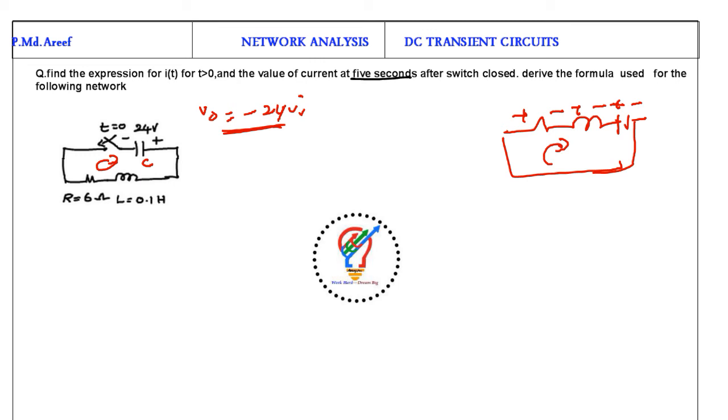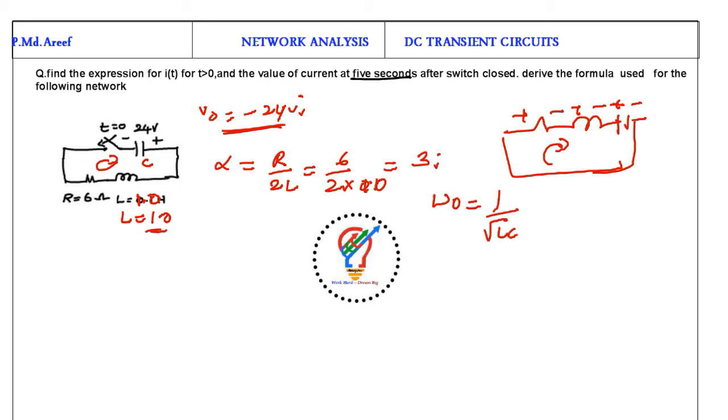Now first we will check which type of damping it is. In order to find the damping, alpha is equal to R by 2L. R is equal to 6, divided by 2 into 1.0, so L is equal to 1.0 here. So 6 by 2 is nothing but 3. And omega naught is equal to 1 by square root of LC, which is 1 by square root of L, which is 1, times C, which is given as 0.2 farads.